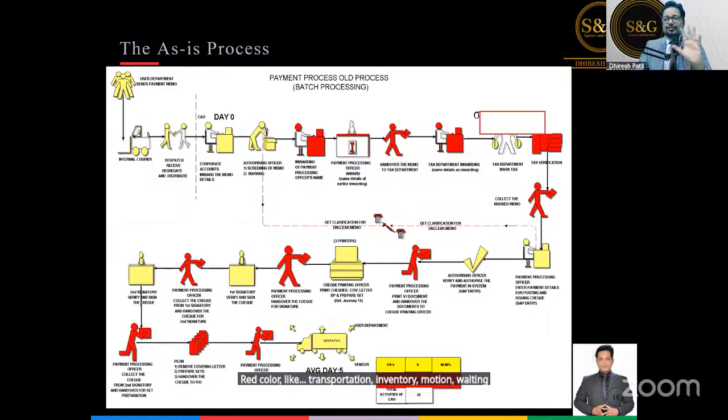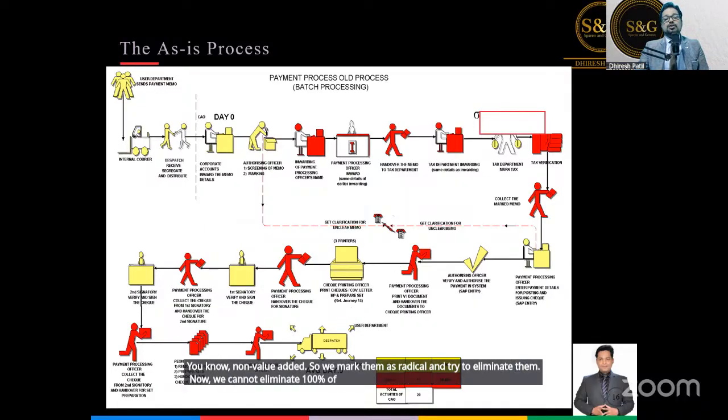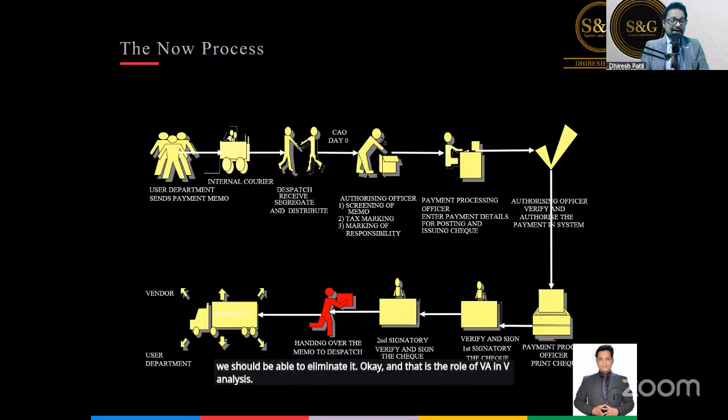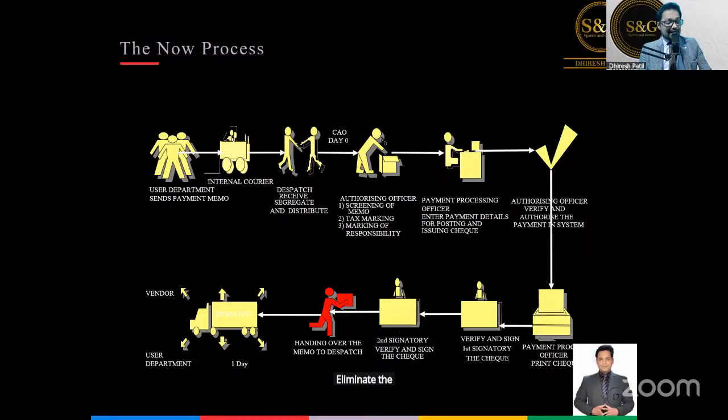All those things are non-value added. So we mark them red and try to eliminate them. Now we cannot eliminate 100% of it, but as much as we can eliminate, we should eliminate. That is the role of VA/NVA analysis: eliminate the non-value added activities.